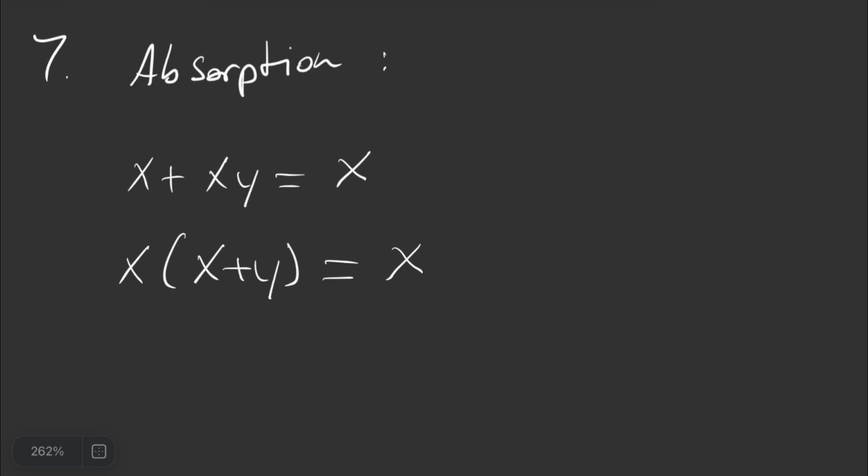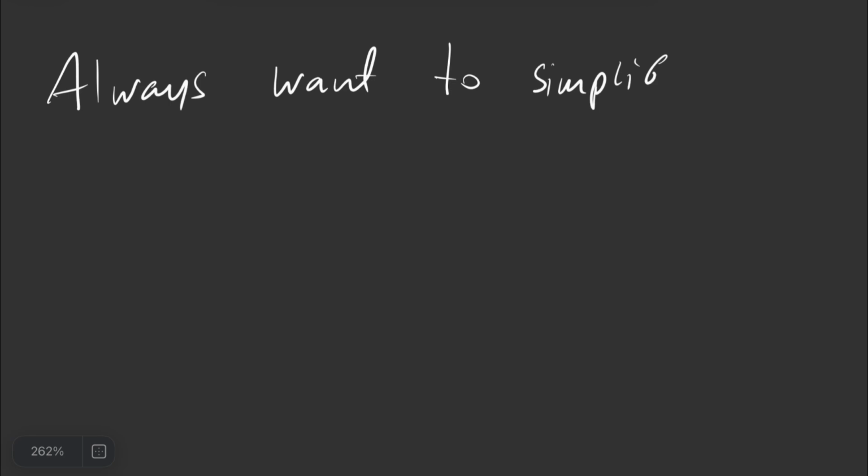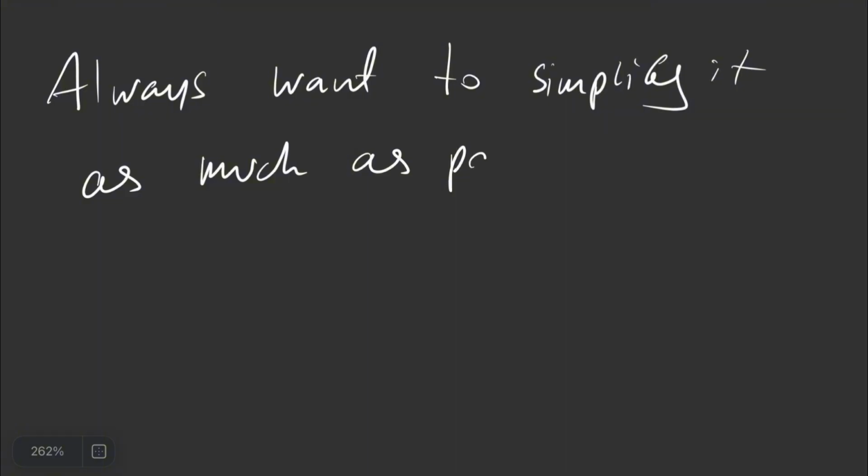So, now that we've gone through all 7 major Boolean algebra laws, we are just going to go straight into simplifying Boolean algebra equations, which is also simplifying logical circuits. Just remember, whenever you're given a Boolean algebra equation, you always want to simplify it as much as possible.